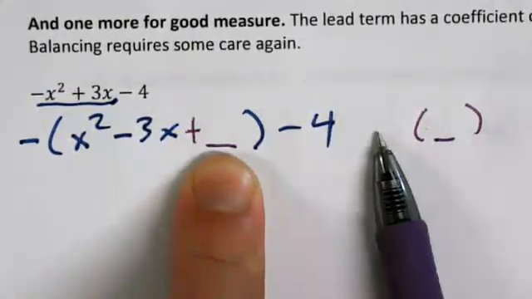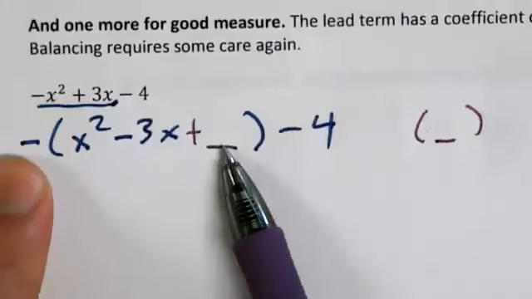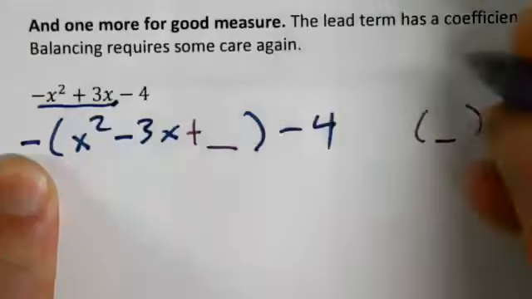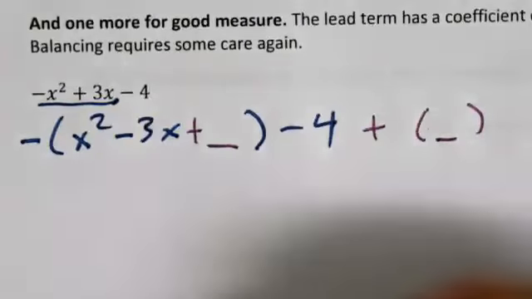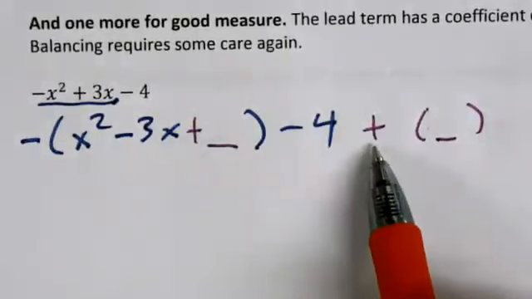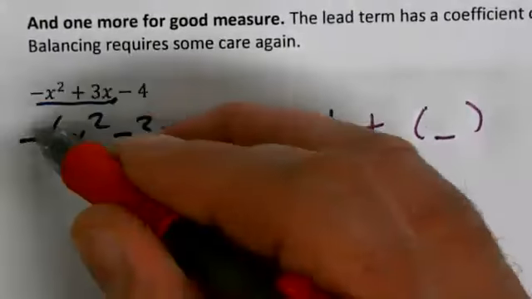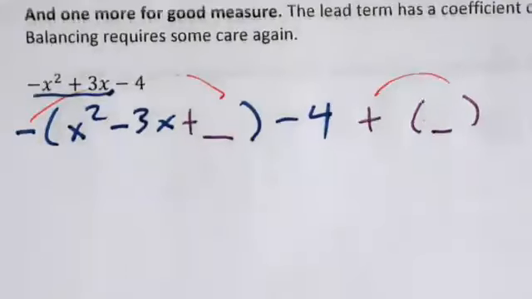A plus, because it's got a minus already being multiplied over here. So we want a plus over here. That should work, right? We are going to balance there. Any questions about where that plus came from? Negative times that, positive times that should cancel, should balance.